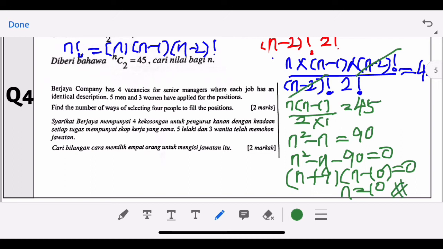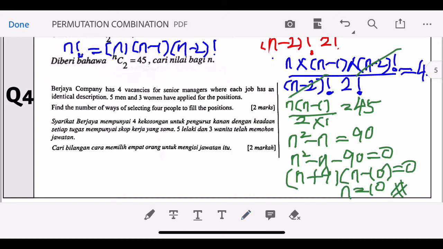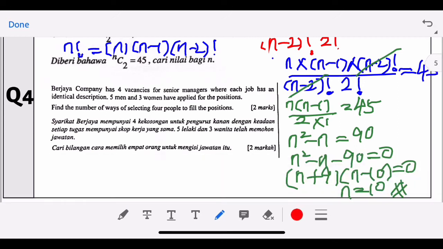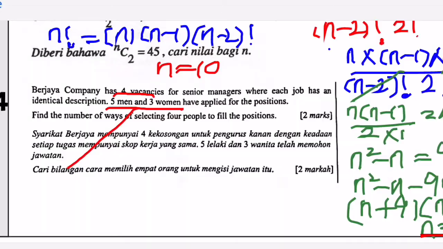After you factorize, you double check the factors. n equal to negative 9, is it logical to accept? Not logical, because n is an integer. So the only n we can accept is 10. You can plug into the calculator 10C2. Are you getting 45? Alright, let's see question B.